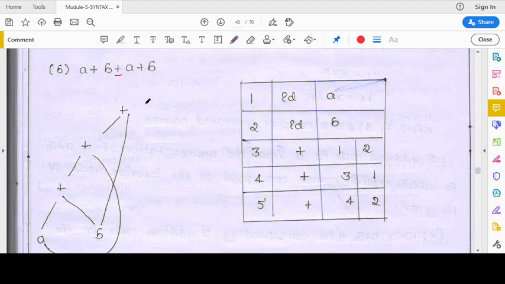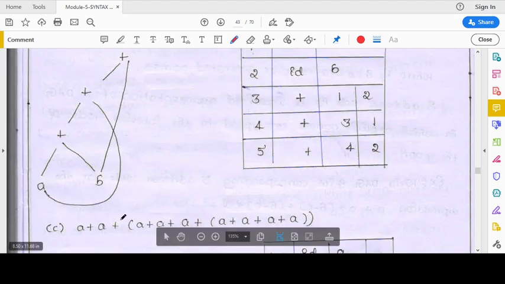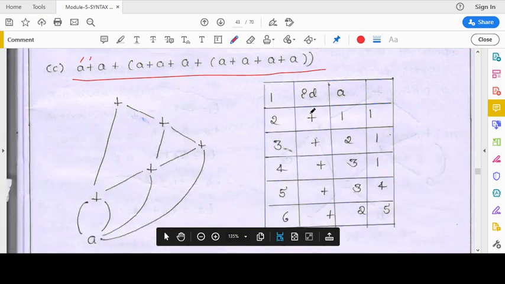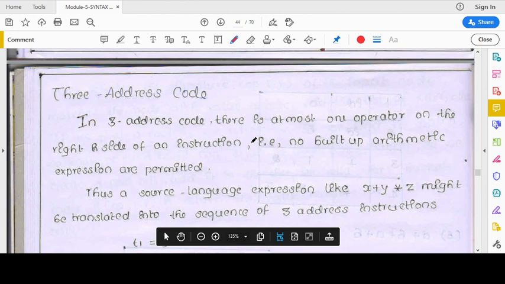Take this particular example also and try it out, and construct the table. Basically I have only two identifiers here, a and b, and ultimately many pluses. So count how many pluses you have within the cases. Try to solve that, and it will help you a lot.